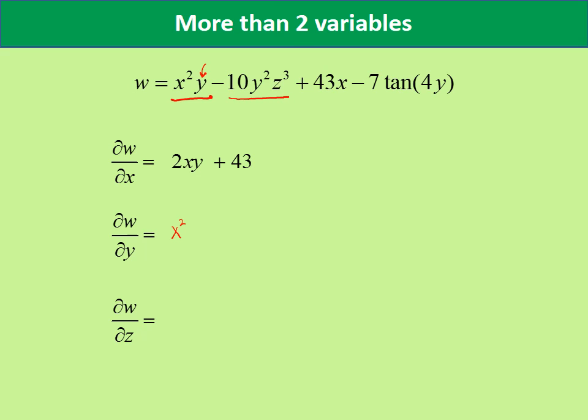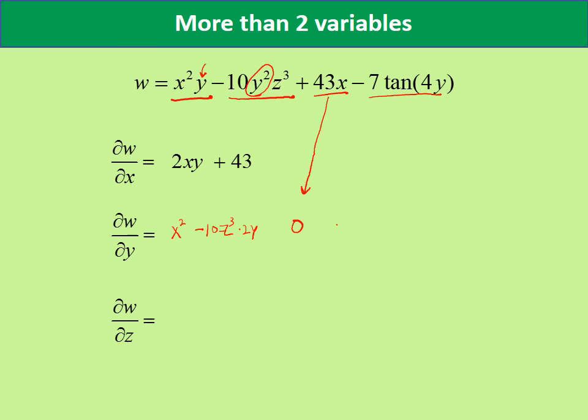Doing the derivative with respect to y, we'll copy down the 10 z cubed. We'll do the derivative on y squared. That would be 2y. 43x has no y in it, so the derivative of 43x would be 0.